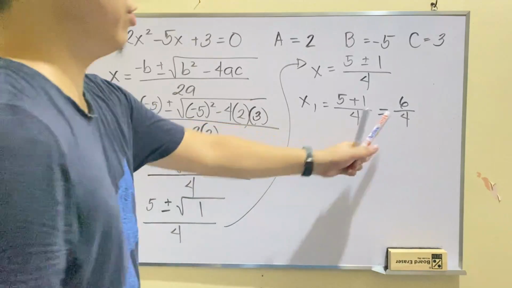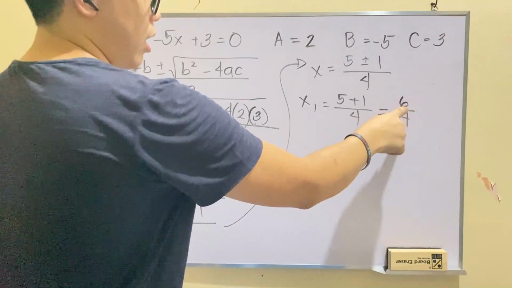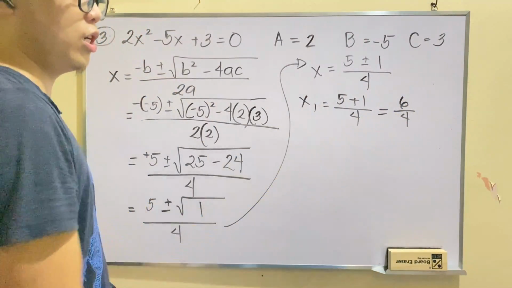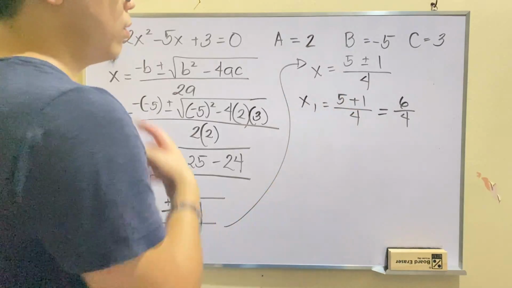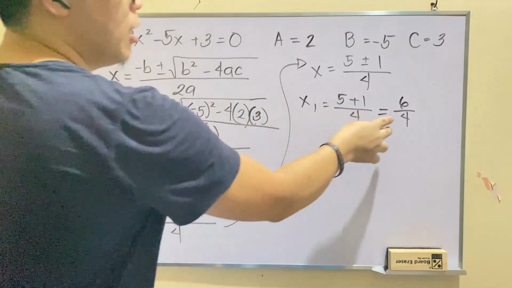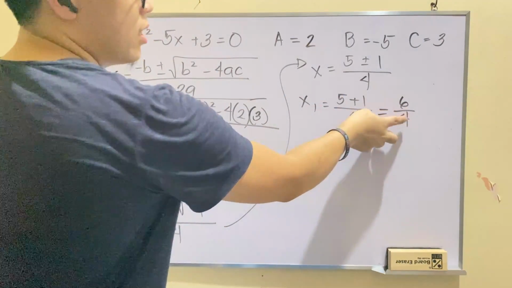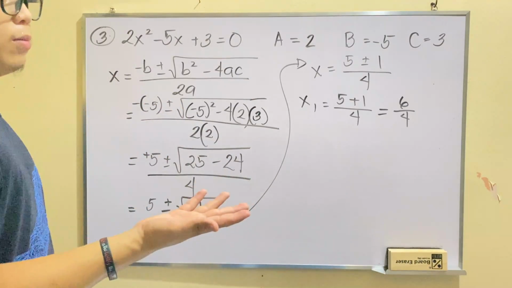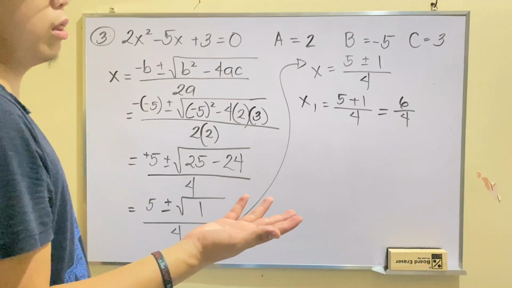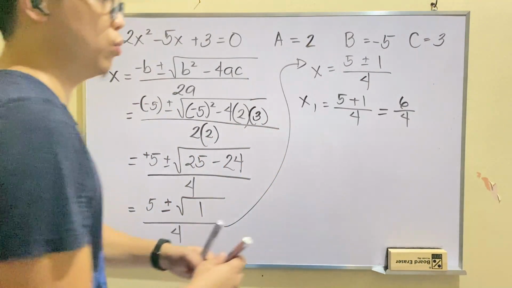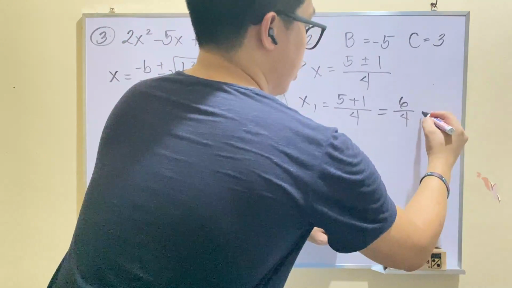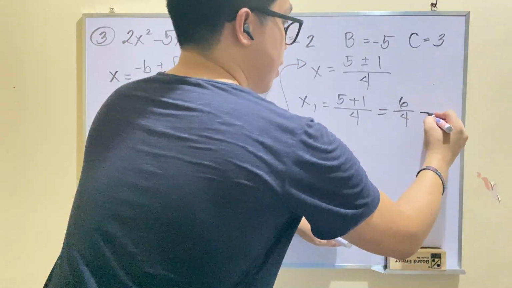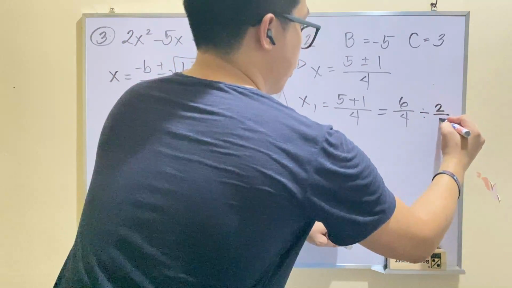Siya na ba ang final answer? So, as you can see here, ang 6 at 4, maaari pa natin siyang masimplify. Paano? So, hanapin natin kung saan divisible parehas ang 6 and 4. Saan siya divisible? Tama, sa 2.